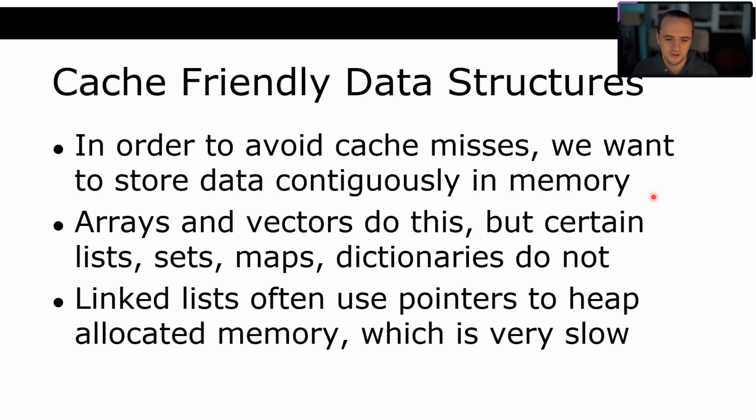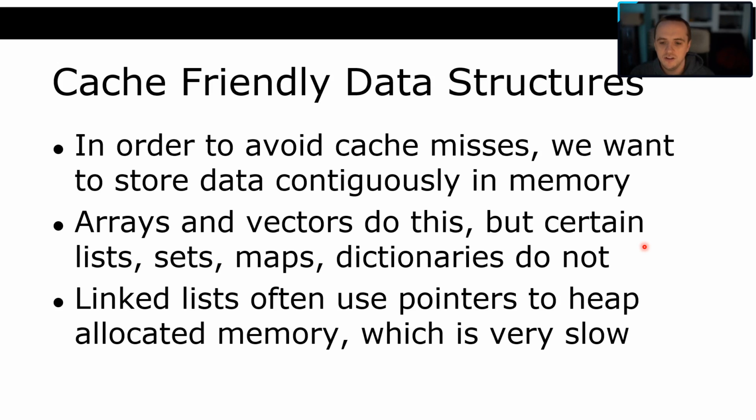Okay? And there are some linked list implementations that are inside a vector or whatever. But linked lists are storing pointers to heap memory. And so every single time you go to the next thing in a linked list, it's a cache miss because you don't know where that pointer is in memory, okay? And pretty much you can almost guarantee that any time you look up a pointer value and dereference it, it's going to be a cache miss, okay?